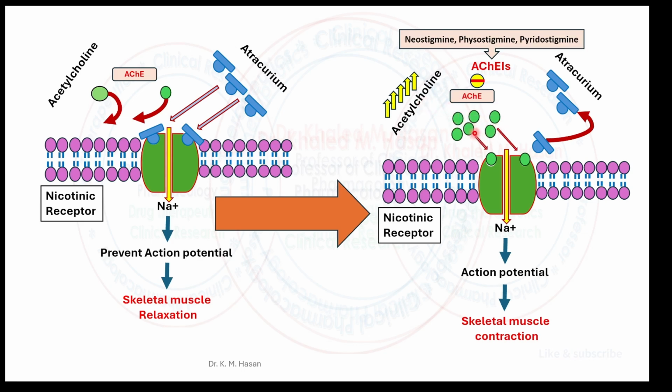We have more acetylcholine particles now. Acetylcholine will displace the atracurium from the receptor and occupy it. It stimulates the receptor, causing action potential and skeletal muscle contraction. This is the recovery. This is the best way to assist in the recovery of the patient after surgery: by prescribing an acetylcholinesterase inhibitor.